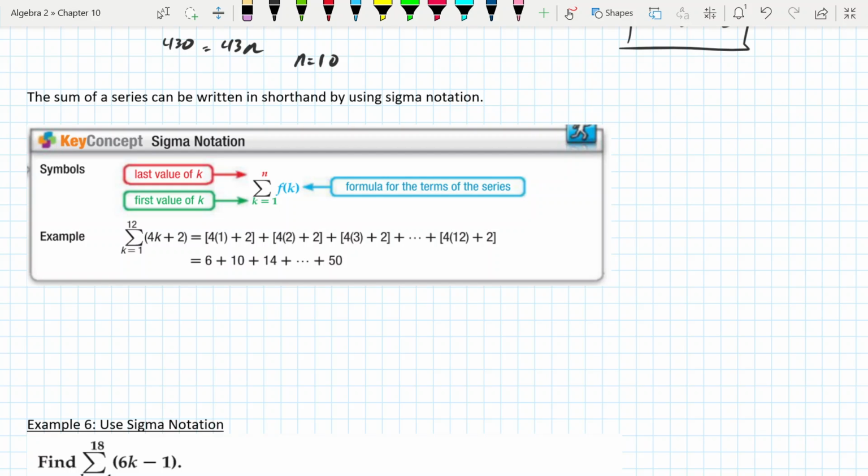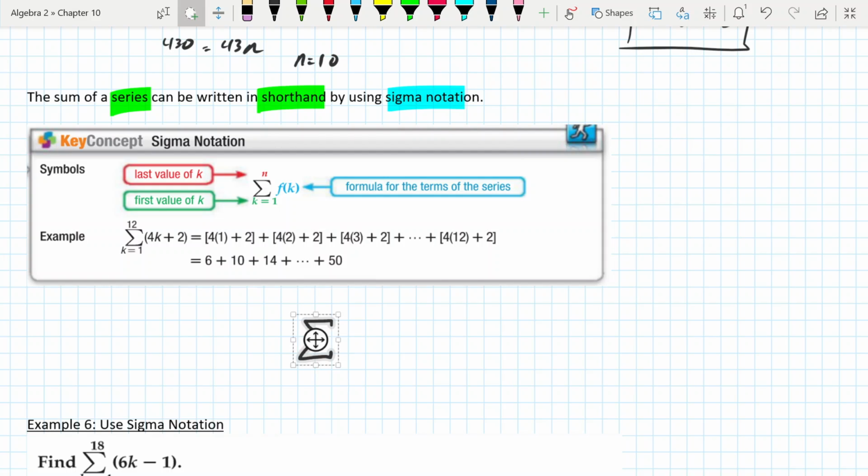So we have a shorthand for using for series, and it is called sigma notation. You've probably seen it before. People like to use it all the time in movies and stuff because it's a pretty advanced idea. I mean, it's one of those things that you need for calculus, but it's all based around this Greek letter here.